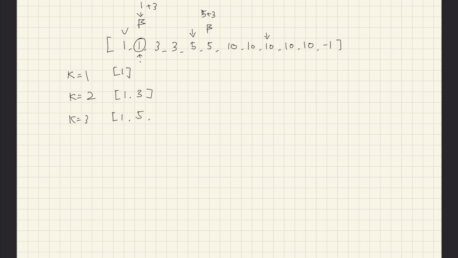So put the last flag on 10. We've done it all, so go to the next. For 4, the flag position becomes 1 plus 4, which is 5. So the flag position is the same. And next will be 9, but the flag position will be 10. So it is the same as before.